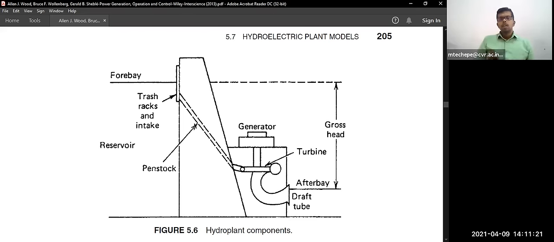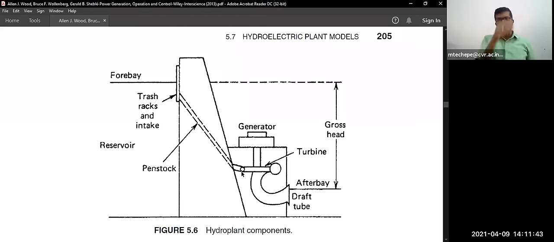In that scenario, this penstock is sometimes placed inside the mountain regions. So the penstock length will be 1 kilometer, 1.5 kilometer, like that. In the deep forest, inside the mountains, this penstock is inserted.